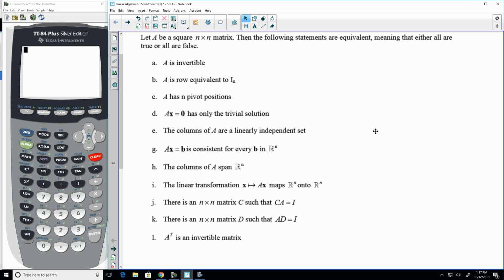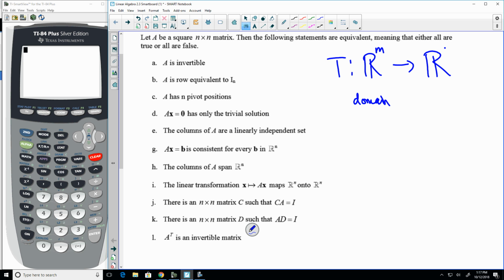The linear transformation that maps a vector x into A times x maps Rn onto Rn. So we talked about if you have a transformation and it maps a domain, let's say Rm, into a codomain Rn, right? And we had a separate thing called the range.